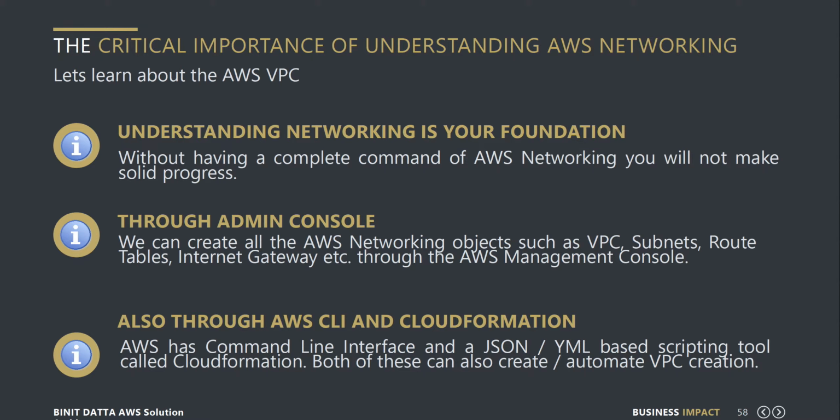We can create all the AWS networking objects such as VPC, subnets, route tables, internet gateway through the AWS Management Console, also through CLI and CloudFormation, as we already talked about. The command line interface is a Python-based command line interface, and CloudFormation is a JSON or YAML-based scripting tool. Both of these can also automate VPC creation.